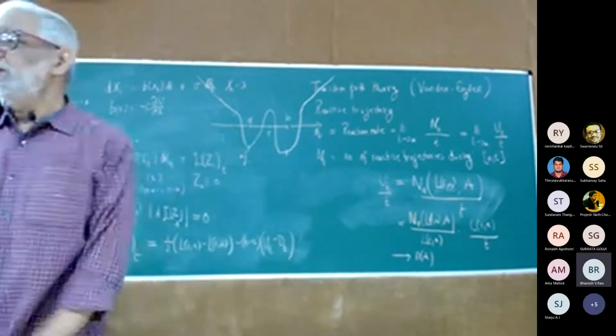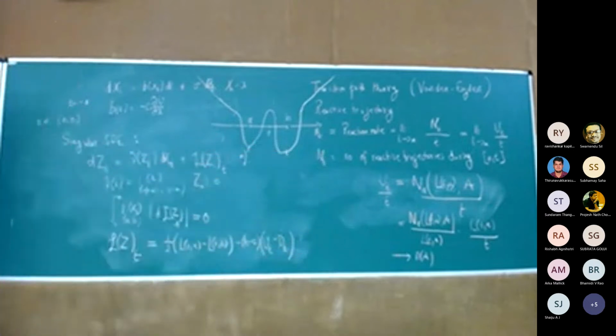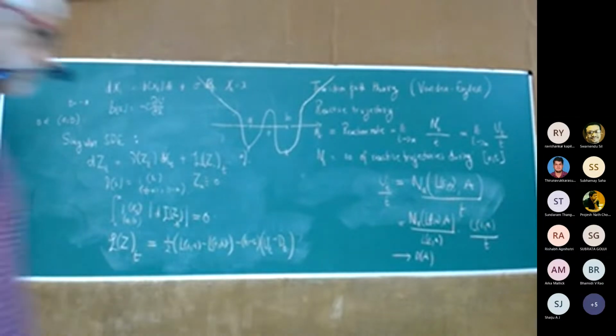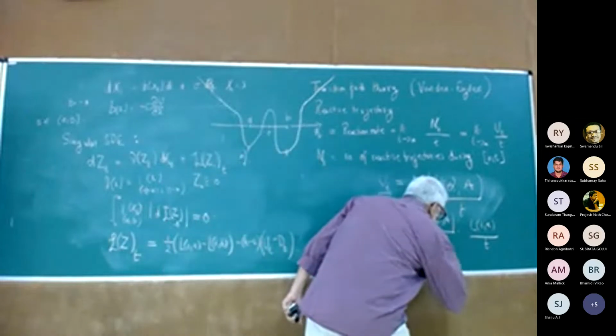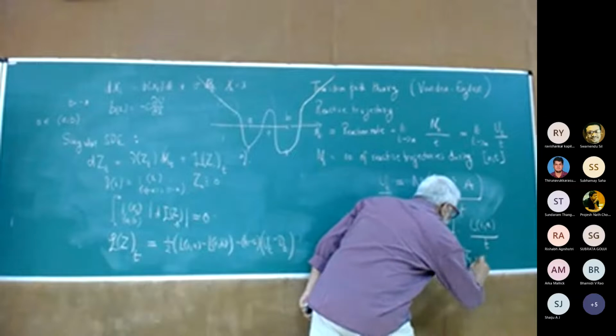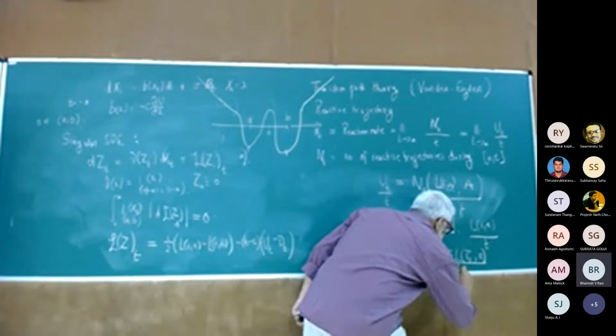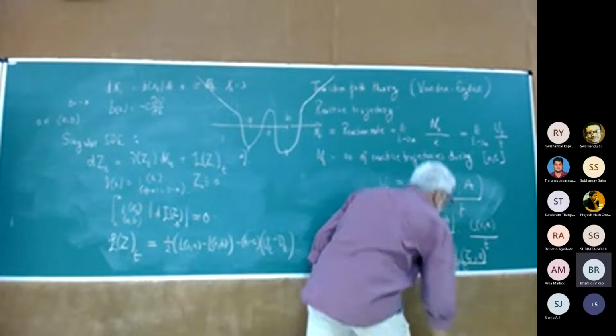And L_t by t, now here is where you use the fact that you have a regenerative process. L_t by t, as t goes to infinity, will go to the expected value of L at tau 1 of A divided by the expected value of tau 1.